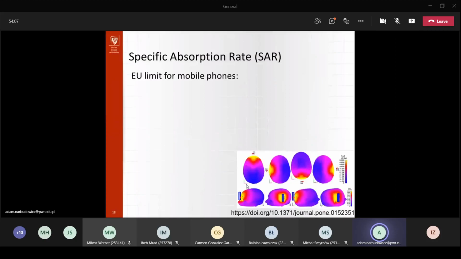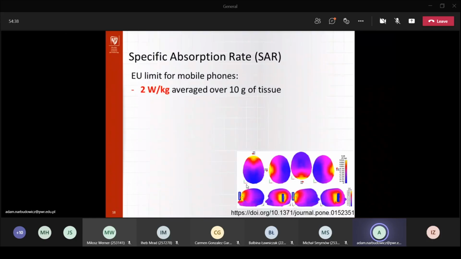So typically, according to European law or European Commission legislation, in the context of mobile phones, there is a requirement that the SAR cannot exceed more than 2 watts per kilogram. Okay, so basically in every kilogram of human body, you cannot lose more than 2 watts of energy.